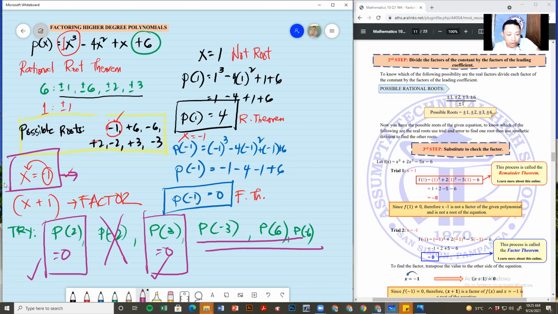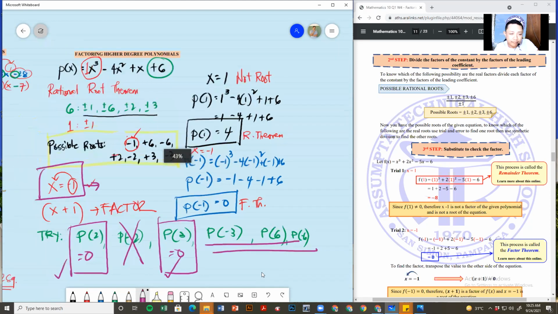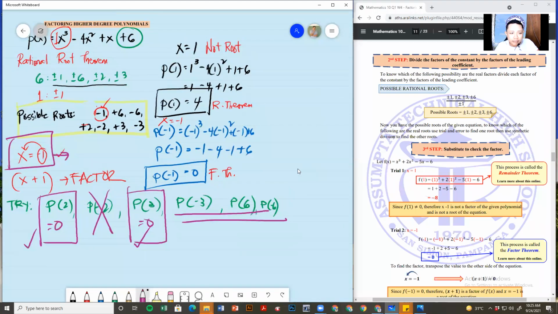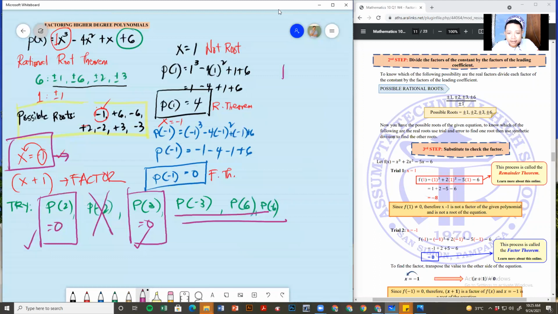So work out on these 3 roots that you have solved. Okay? So the roots are, let's write it here. The roots are -1, 2, and 3. Those are the roots.